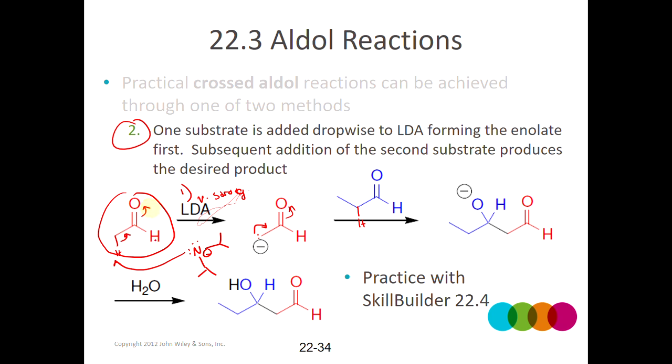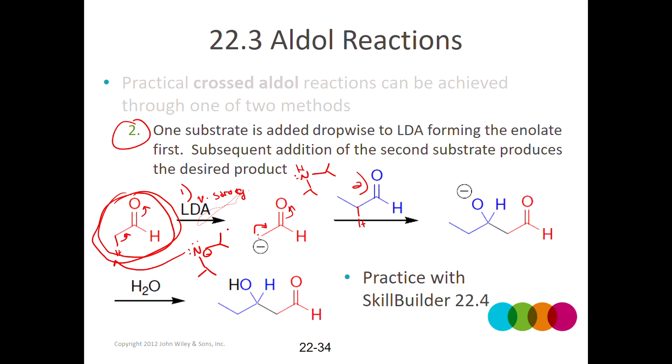If we look at the pKa values we saw earlier, the pKa of the protonated LDA is much higher than the pKa of the carbonyl alpha proton. So this reaction should shift exclusively to the product side. So the idea here is, this is not an equilibrium. I'm converting basically 100% of the aldehyde or ketone that I want to be my enolate into the enolate in one step, and then later in a second step I'm adding the other ketone or aldehyde that I want the enolate to attack.